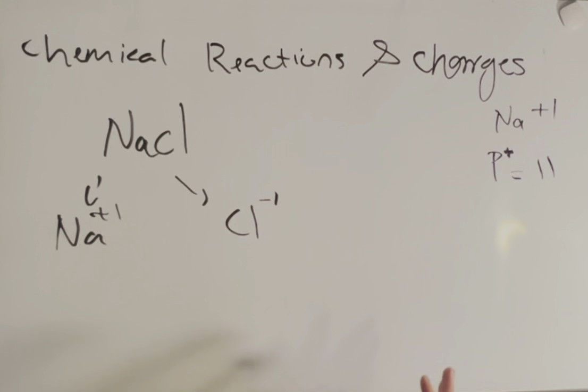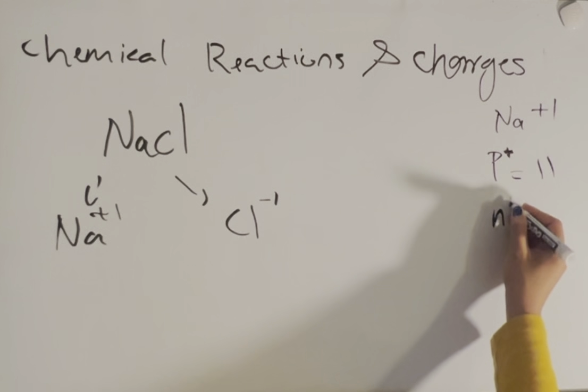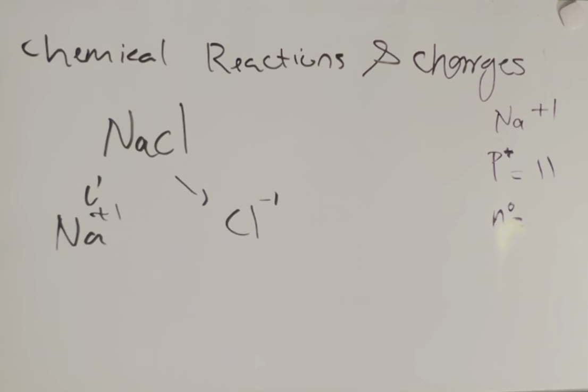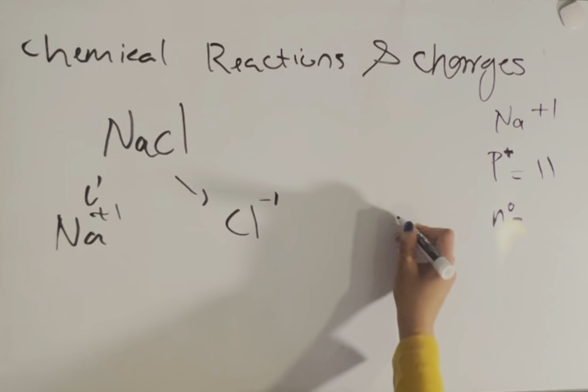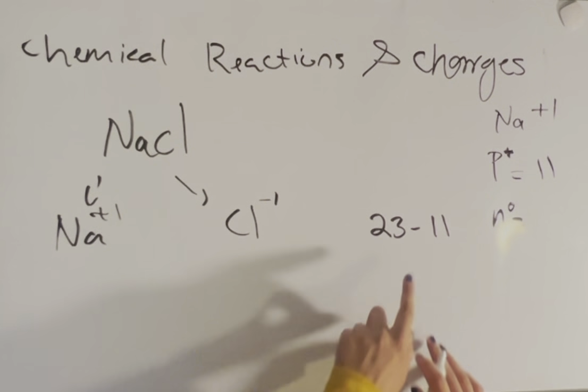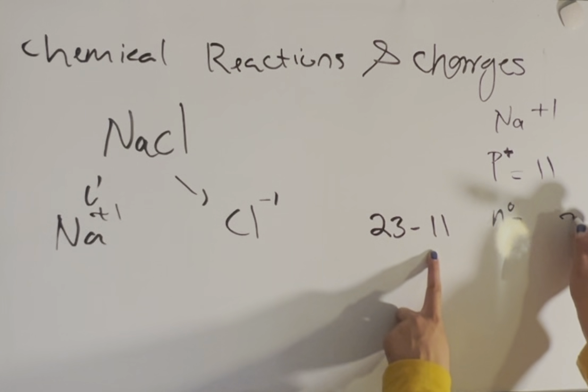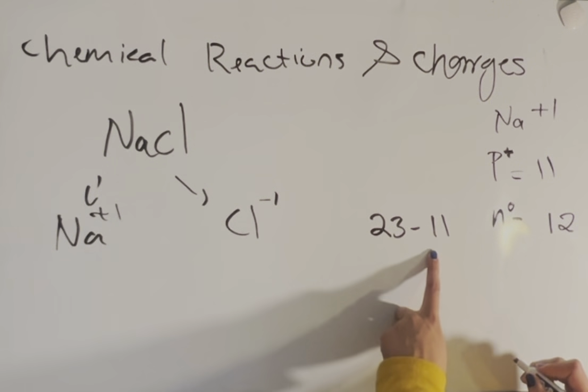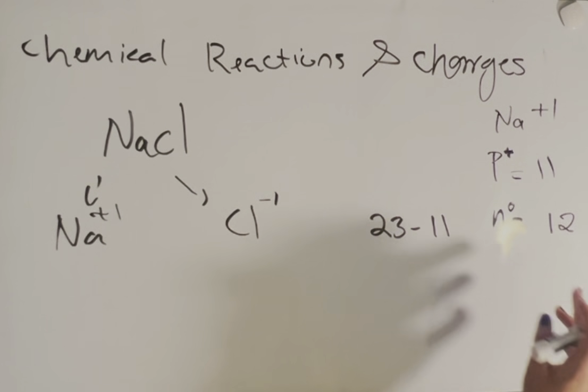Now, how do we find the number of neutrons? Neutrons have a charge of 0, so we put a 0 there. We know that the atomic mass of sodium is 23. So it's 23 minus 11, which gives me 12. Okay, 12.